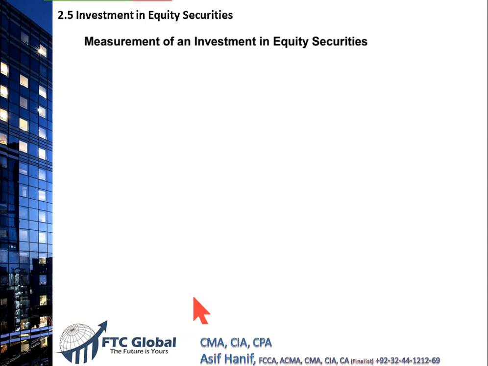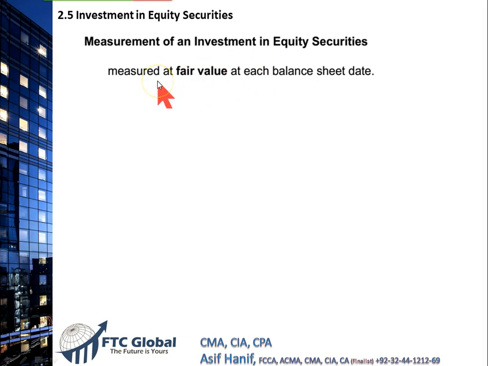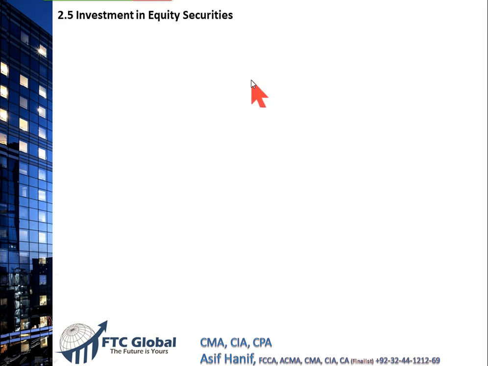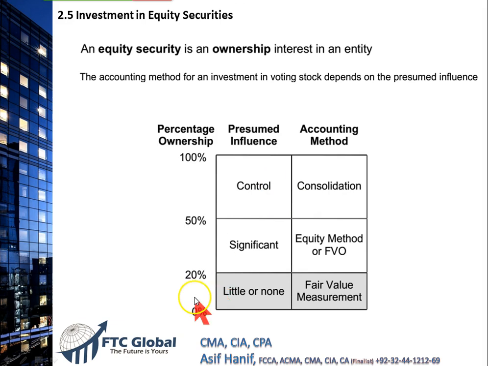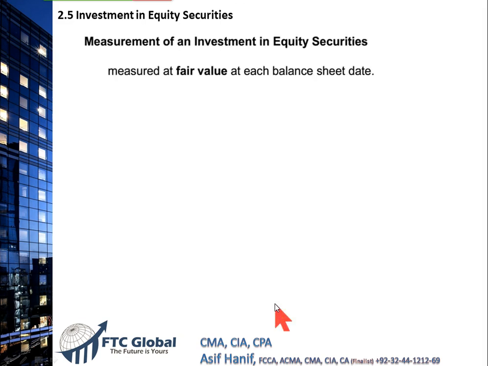Okay, so how do we measure investments in equity securities? The method that is allowed under the US GAAP is that investment in equity securities are measured at fair value if your holding is between 0 to 20%. The method we use is called the fair value method.